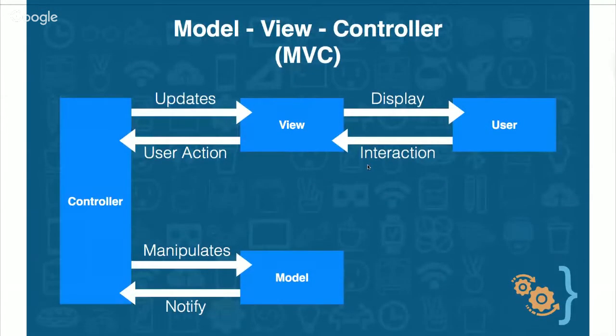So here we see the model view controller design, the MVC design pattern. If you imagine when you go onto a website like Facebook, you're a user that's seeing a view. That's the V in model view controller. You interact with the view, you click a button. The view then needs to tell the controller, how do I react?